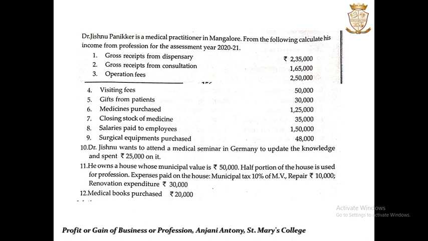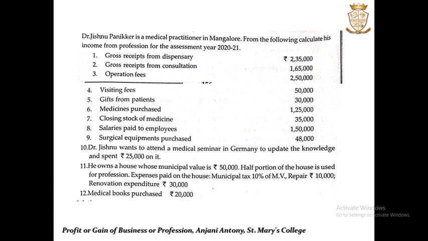Medicines purchased is an expense, and closing stock of medicine is also something related to expense, but we cannot take the whole amount, because medicine purchased is given as 1,25,000 and closing stock is given as 35,000 rupees. So there is a balance of 35,000 rupees as closing stock. So we should find the actual amount of medicine for the assessment year 2020-21.